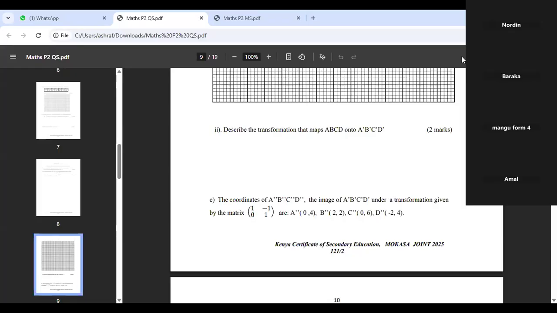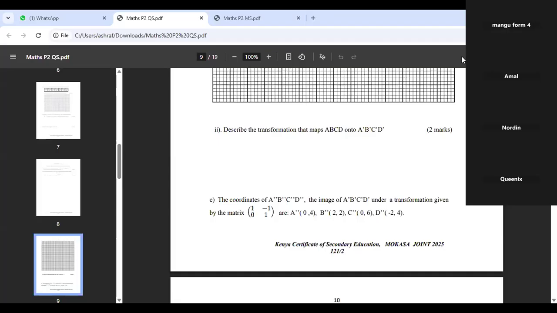I've said in a shear we have the invariant line. Remember, for both shear and stretch, any point on the invariant line does not move, does not change. Then we have other points of the object that are not on the invariant line. These points change position. In a shear, the point not on the invariant line moves parallel to the invariant line.